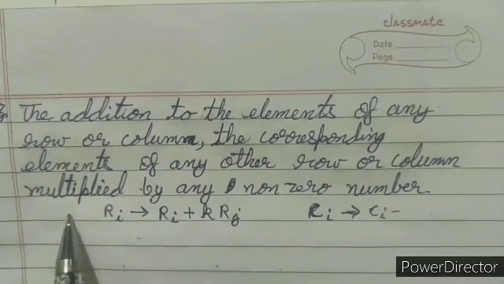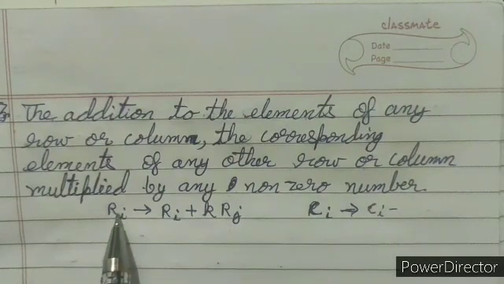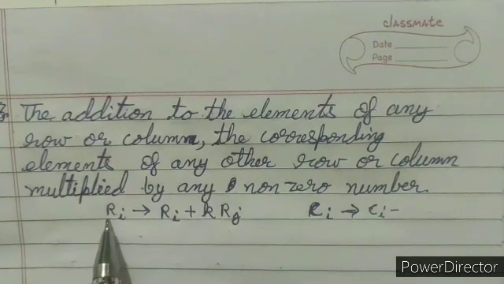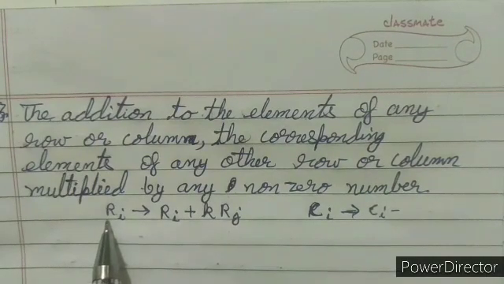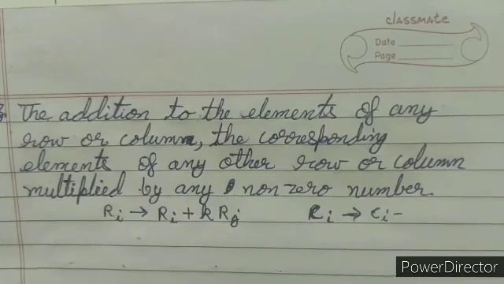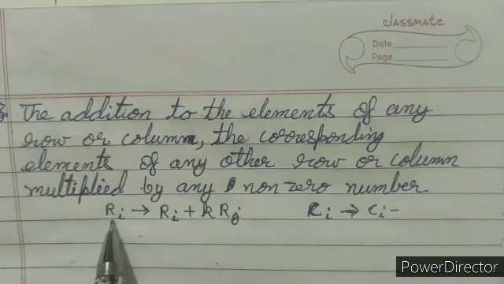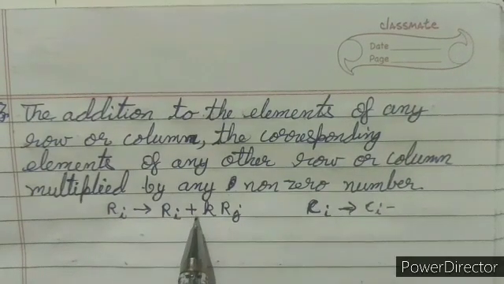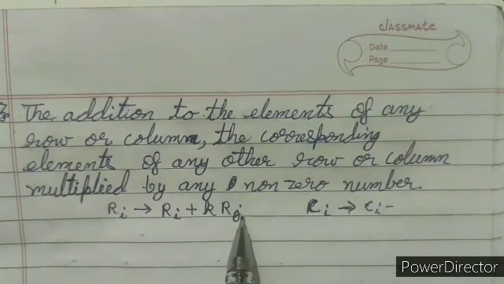Now, if we are changing the ith row of a matrix by adding to it the corresponding elements of the jth row multiplied by a non-zero number k, then it will be represented by Ri changed to Ri plus k into Rj.